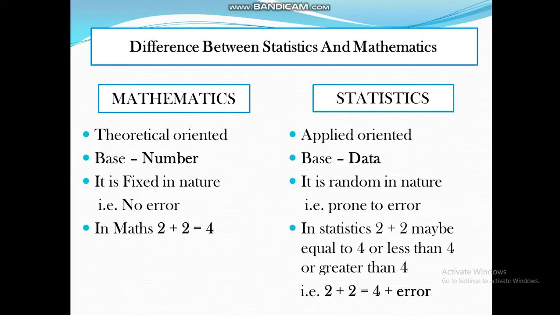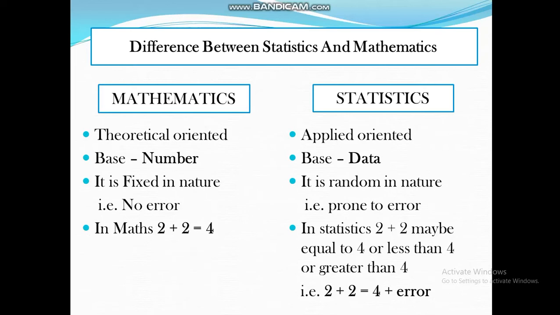Mathematics is fixed in nature, that is, in mathematics we will have no error, but statistics is mainly random in nature, that is, prone to error. Why? Because we are applying it to real life problems. So statistics will always have an error, but mathematics does not.